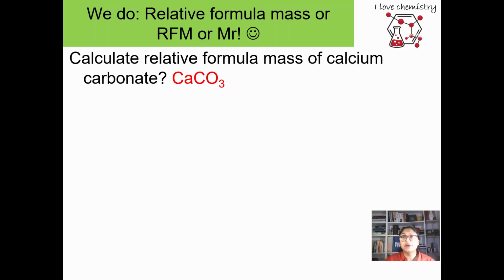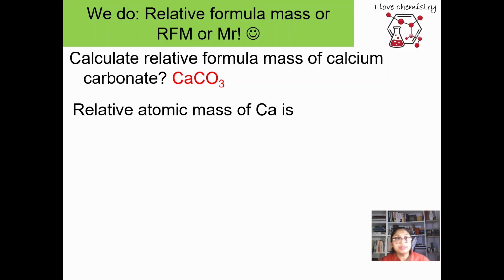First thing, find each of the RAM or relative atomic mass for each of the elements. So CaCO3 has got 1 calcium, 1 carbon, and 3 oxygens. Easy peasy. Now do it with me. First thing, relative atomic mass or RAM of calcium is 40.